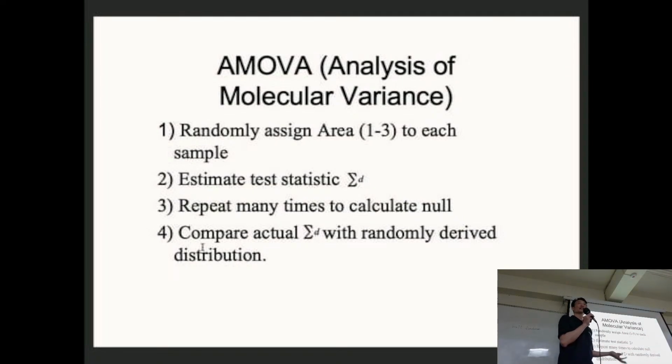And then you can ask whether the observed summation D is different from your null distribution of summation D. That's the test of AMOVA. If you cannot reject the null hypothesis, then there is no genetic differentiation among the three areas. Okay, we can take questions.